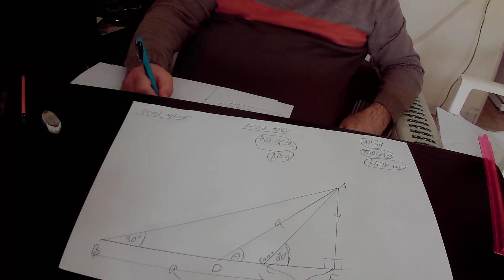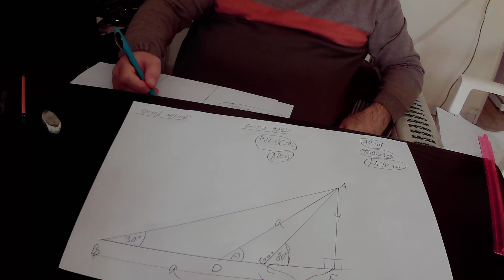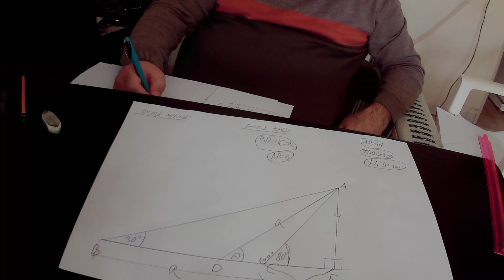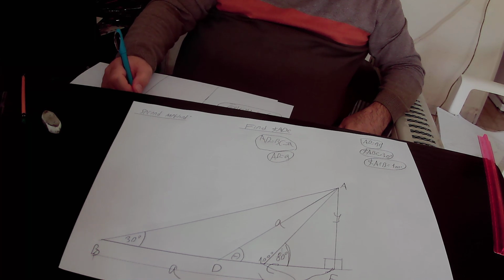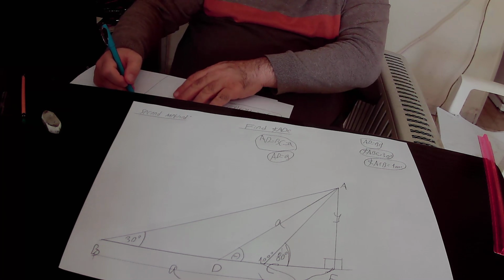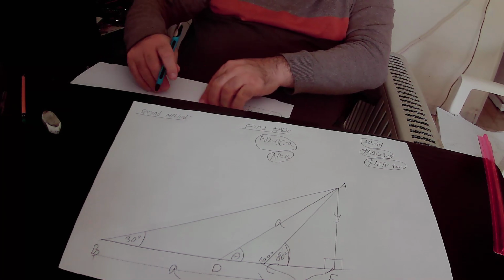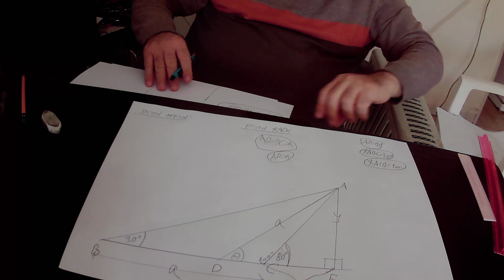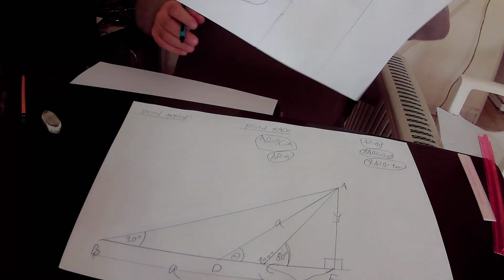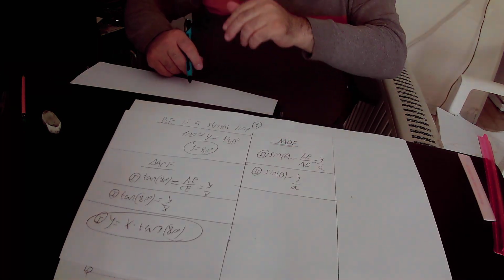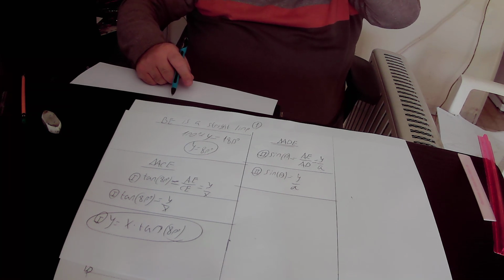So in conclusion, sine theta according to equation number 2 will be equal to Y over A.